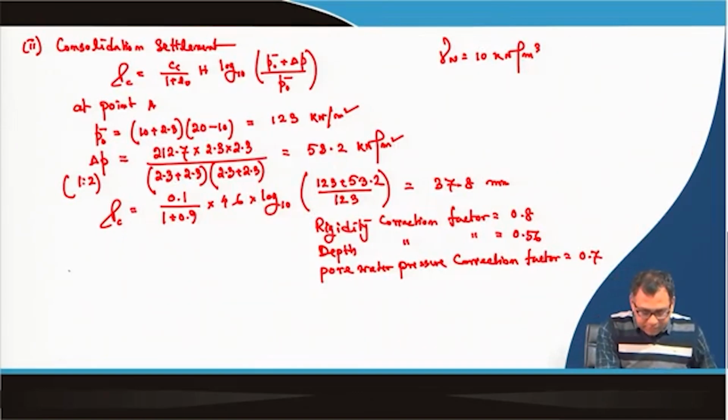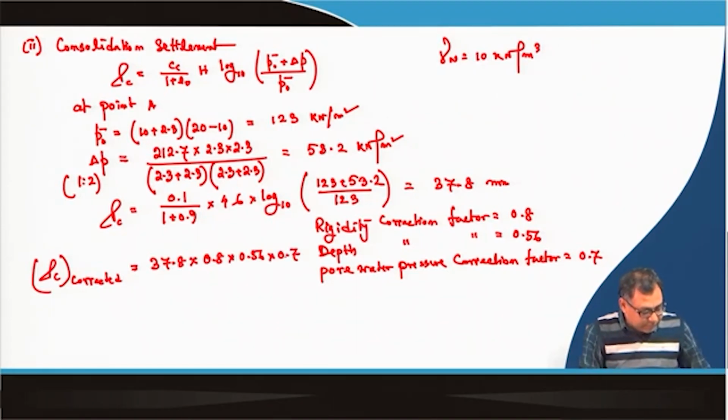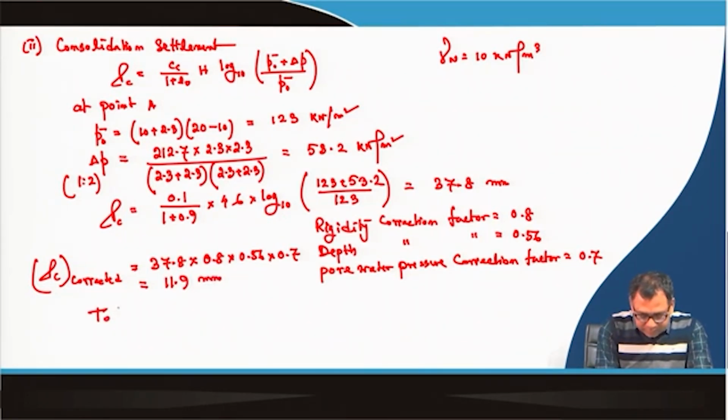So, now if I calculate the corrected consolidation settlement, that will be 37.8 into 0.8 into 0.56 into 0.7, which gives 11.9 millimeter.